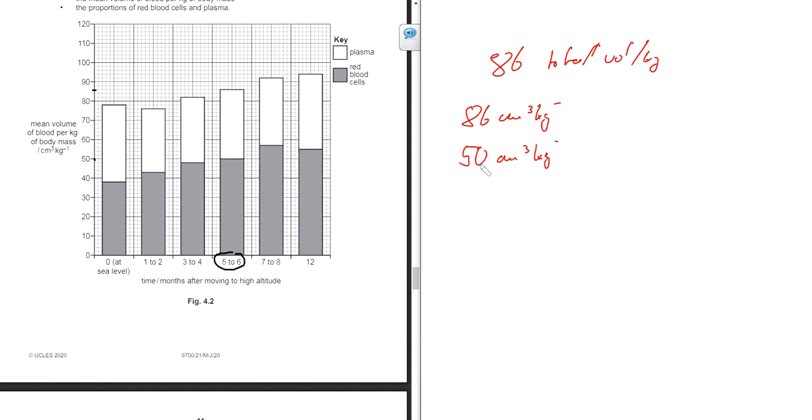We have to find percent, which is part over whole, 50 over 86, times that by 100. And let me use my calculator quickly. That is 58%.